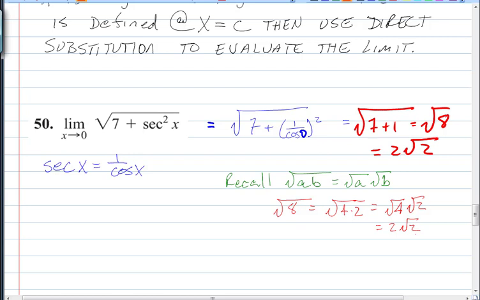So the square root of 12 would be what? 2 square root of 3. The square root of 27 would be 9 times 3 is 27. 3 square roots of 3. All right.